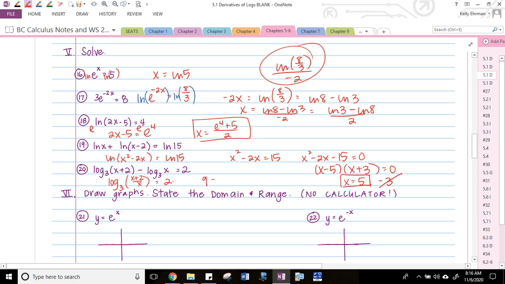So 9 equals x plus 2 over x. This is a rational equation, so multiply the x out. 9x equals x plus 2. 8x equals 2. So, sorry, I ran out of room. 8x equals 2, so 2 divided by 8 is 1/4. And 1/4 is okay to plug into x plus 2 and x because it remains positive. If this somehow was x minus 2, then 1/4 wouldn't work when I plugged it back in.